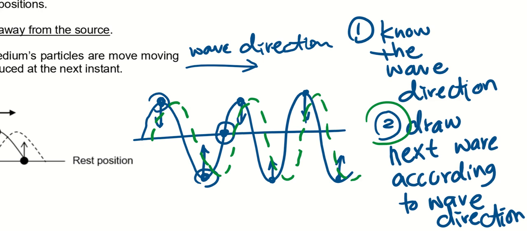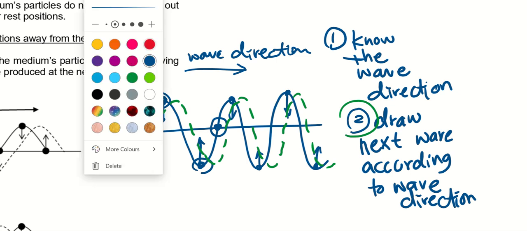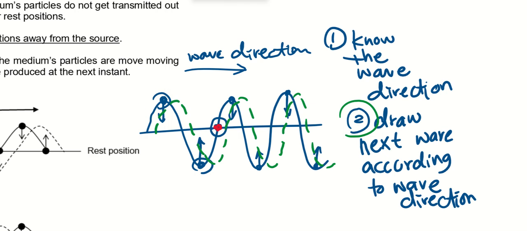Can, right? Okay, now once you have drawn it, who is the particle that we want to know whether it goes up or down? This one, right? This red dot.